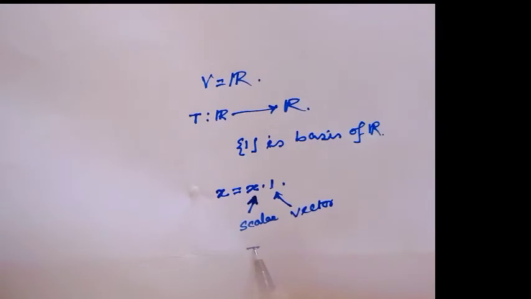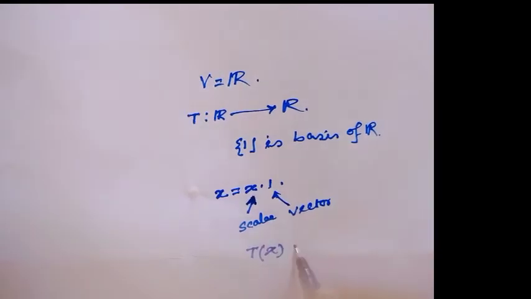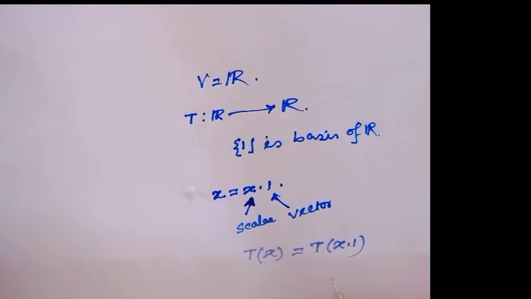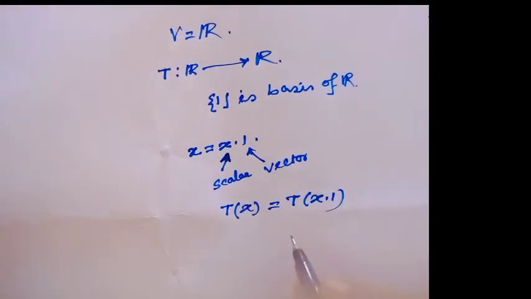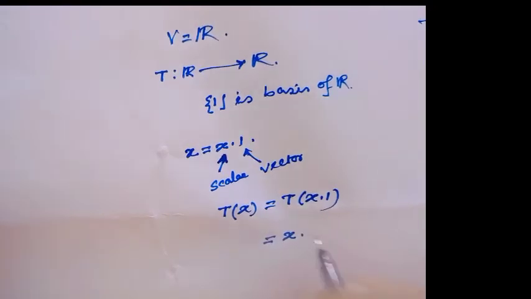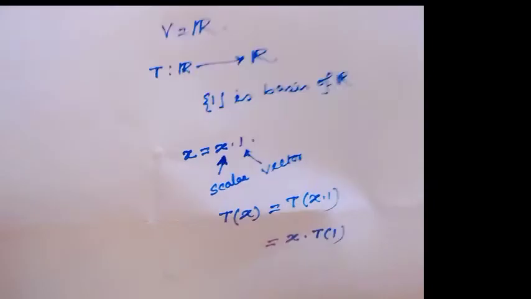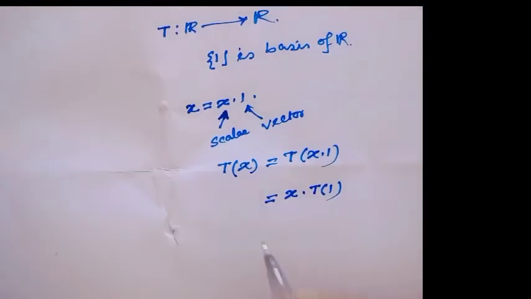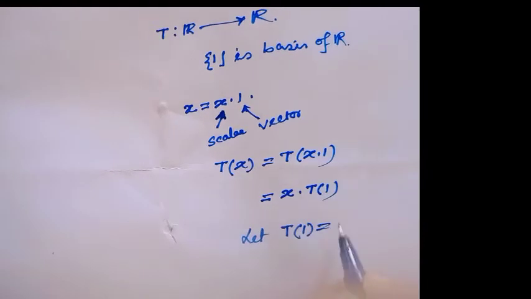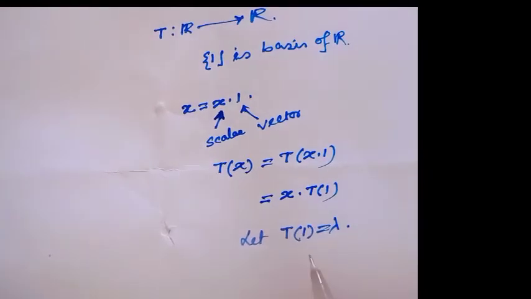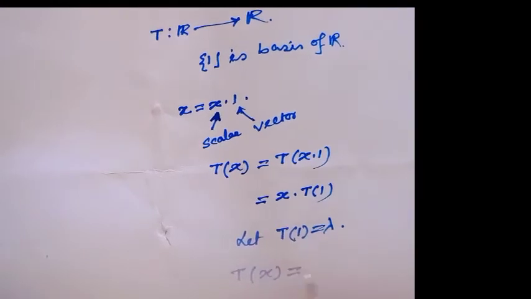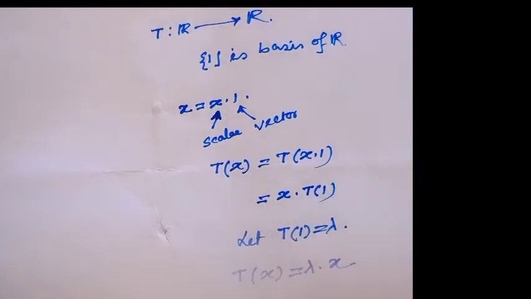Then T(x) = T(x times 1), and by the property of scalar multiplication we can write it as x times T(1). Now consider T(1) = lambda, then T(x) = lambda times x.